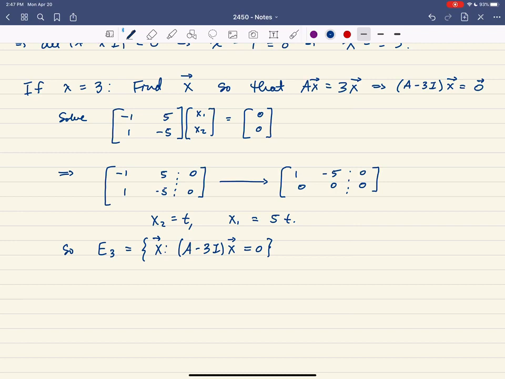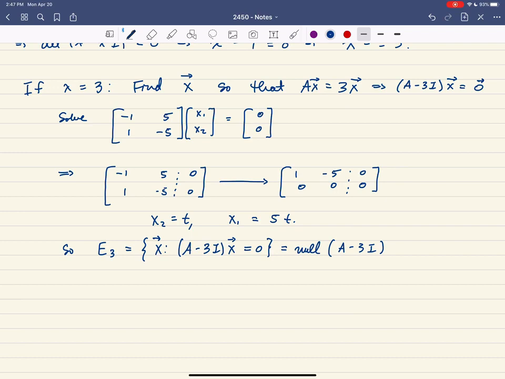What we're really doing, by the way, is this E3 is nothing more than the null space of A minus 3I. So I think it's helpful to think about this in terms of the null space of a matrix, which we've already talked about.